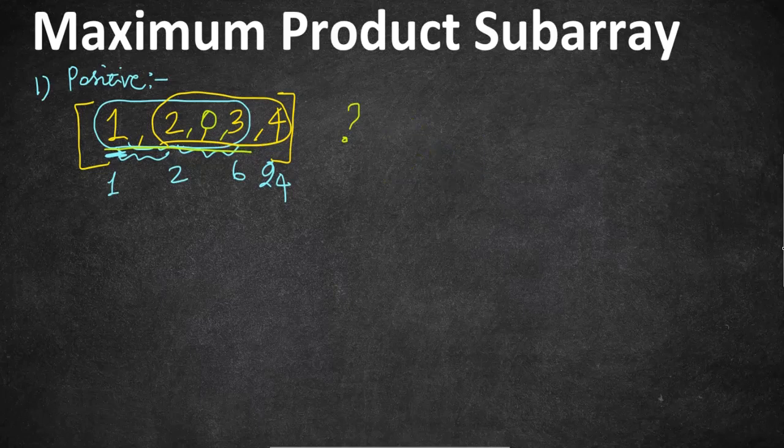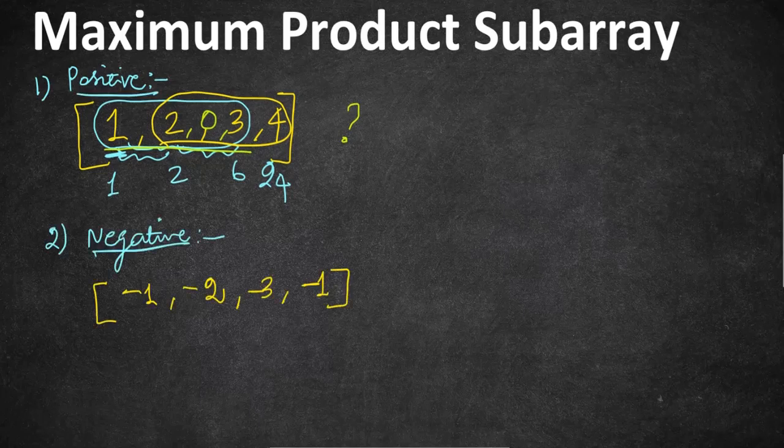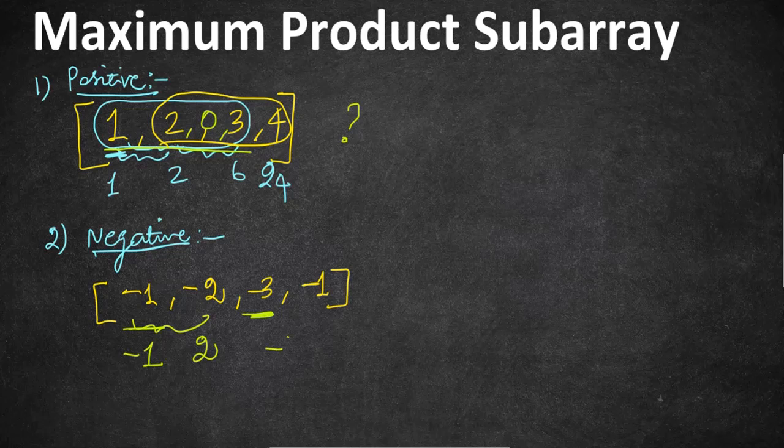What if there are negative values? Consider this array with all negative values. Now let's start calculating the product. Starting from -1, considering the same way that we take the product of the whole array and ignore any one value. So -1 is going to be -1, and -1 comma -2 is going to be 2, because there are two negative values, and then the product of the whole sum till here is going to be -6, and finally it is going to be 6.